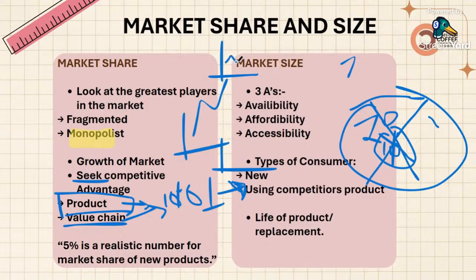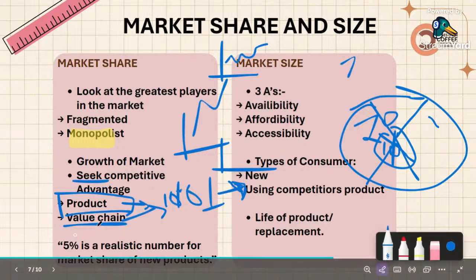Let's say they have the dominance. So now we need to understand the current value chain, and then we need to make certain decisions accordingly. Now let's say we can take an assumption in this case. 5% is considered a realistic number, but you can confirm that with the interviewer when you're solving the cases.